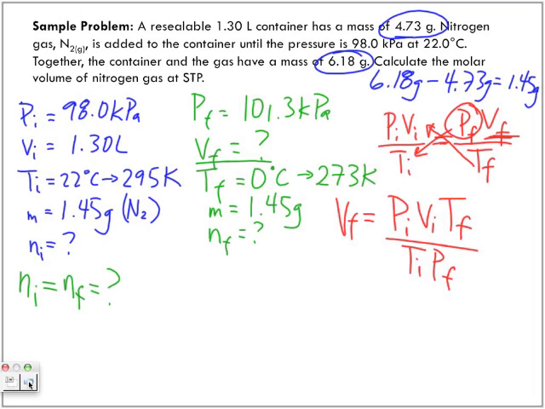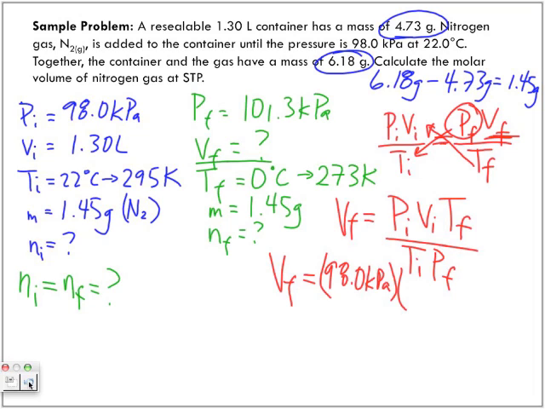So now all we've got to do is substitute initial pressures, volume, temperatures into this equation. So we have VF is equal to our initial pressure, 98.0 kilopascals. Like I said, try to use the units. It's easy to follow along.